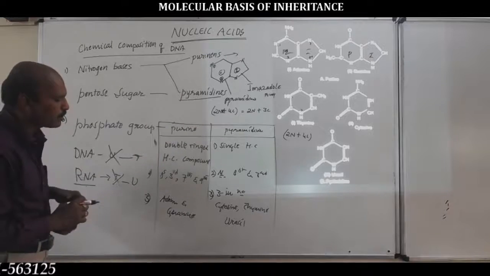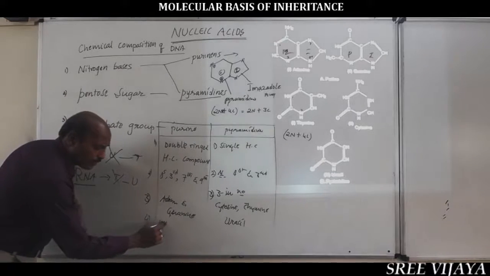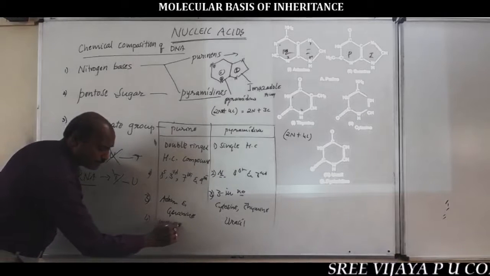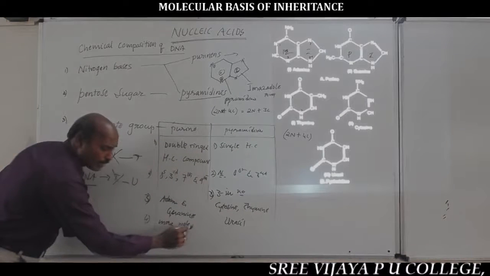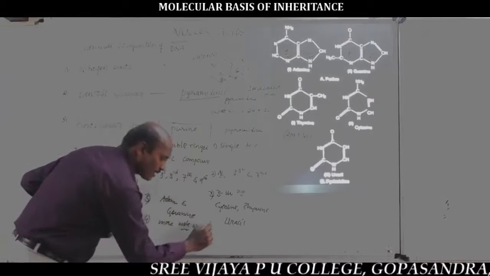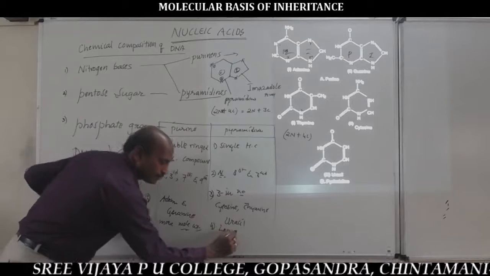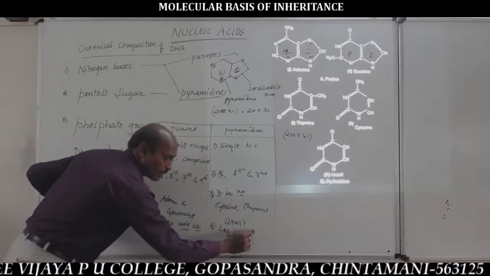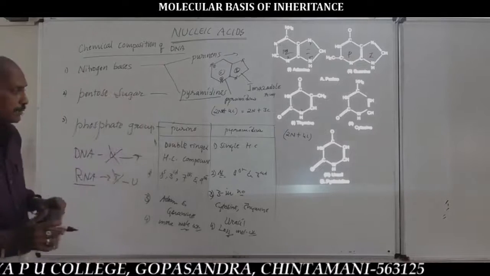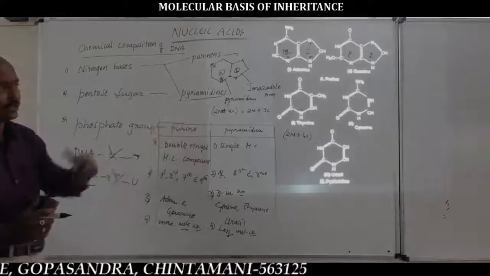One more important difference is that purines have more molecular weight, and pyrimidines have comparatively less molecular weight. Important expected questions are the differences of purines and pyrimidines.